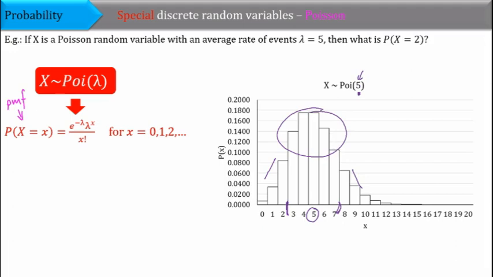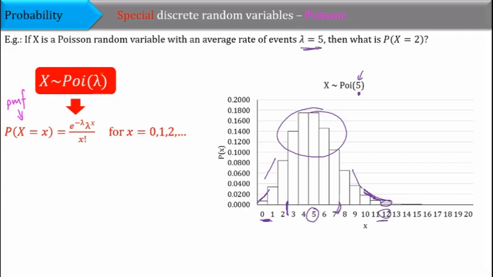So this means that there's a very high probability of getting an interval that has 5 or close to 5 events inside of it, and very low probabilities of getting intervals with a number of events that are far away from 5. You can see here, the probability of getting 12 is very low. So this is graphically, but we won't always have a graph like this, so we need to use our PMF.